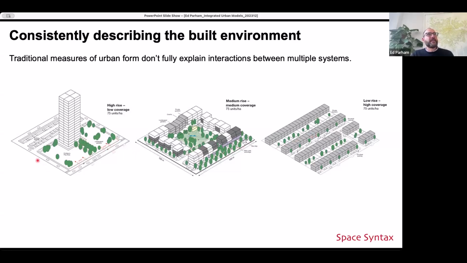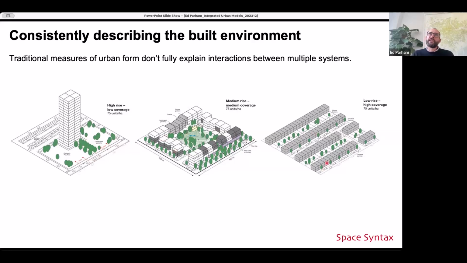And if you imagine what this part of the city would be like, where you have a tower with a lot of green space around it, a lot of car park, that would be a completely different environment to be walking around than this one, which has a shared courtyard, a kind of perimeter block, I guess, with mixed uses and different things happening at ground level. The 2 experiences would be completely different.